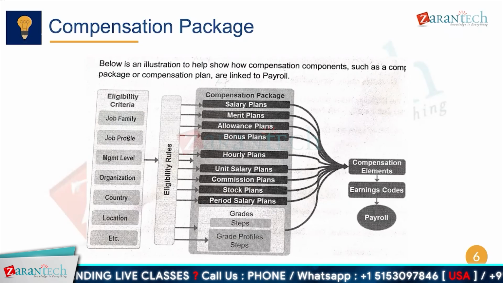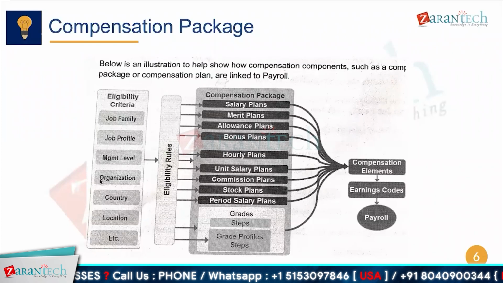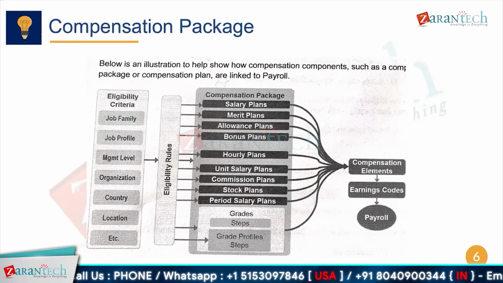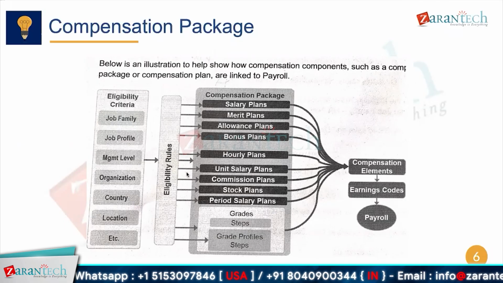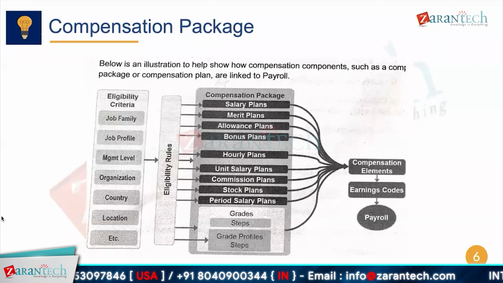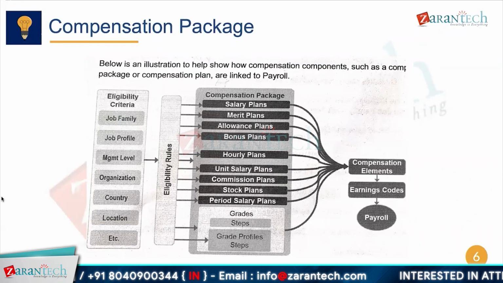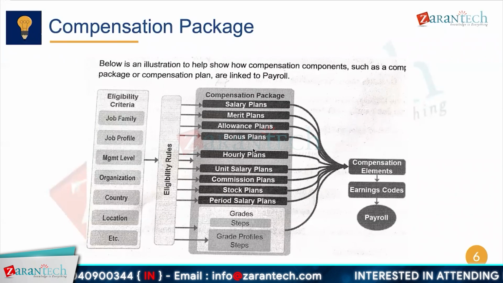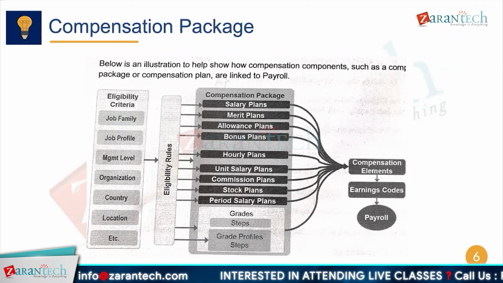Similarly, take management level: there is a particular bonus plan that is available for management staff only. We can create a particular plan for management level and create that criteria. Whenever we hire someone on that level, that bonus plan, if we have defined one for management level, will automatically get linked to that individual.